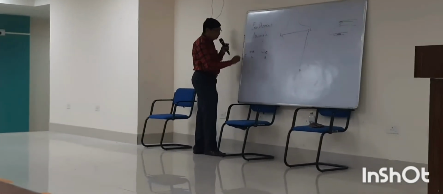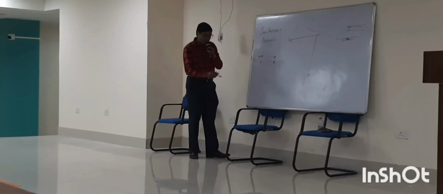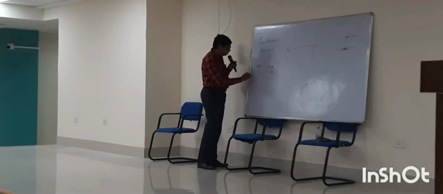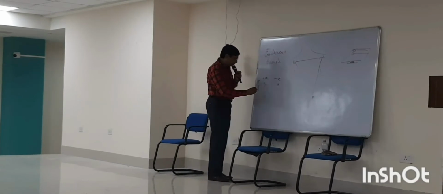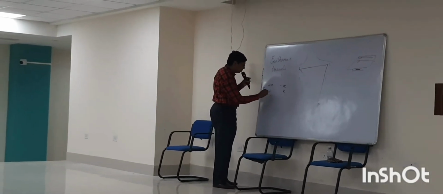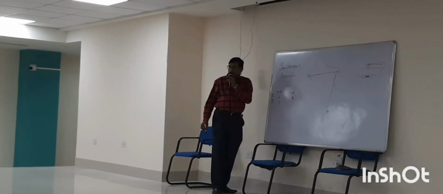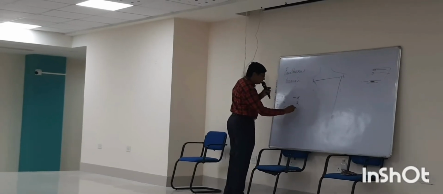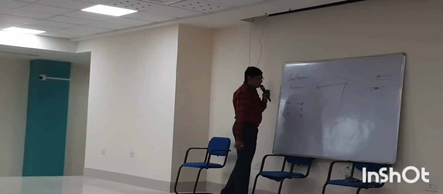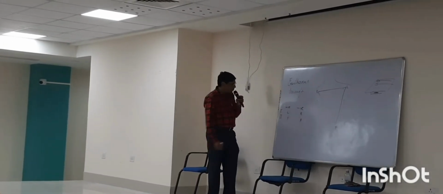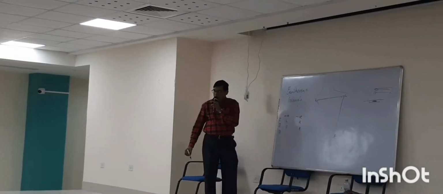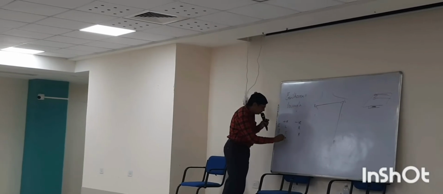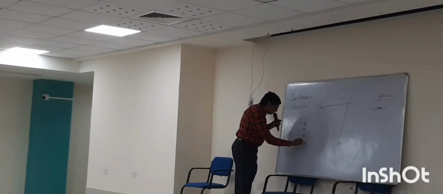Lead 2: positive pole is the left foot, negative pole is the right arm. Lead 3: positive pole is the left foot, negative pole is the left arm.